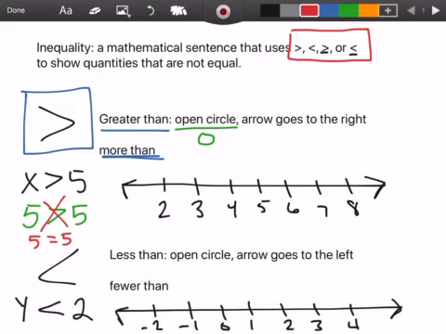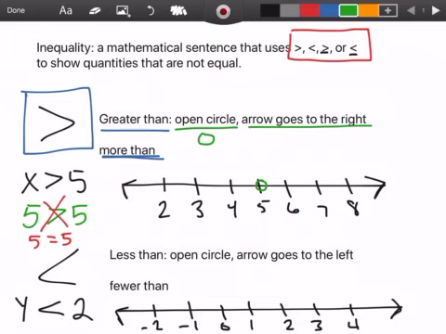So what that means is I cannot put an actual dot or full circle on 5 because 5 is not an answer to that inequality. Okay, what I can use is an open circle on 5. And what that means is start here, and then your solution is going to be shown by the arrow.